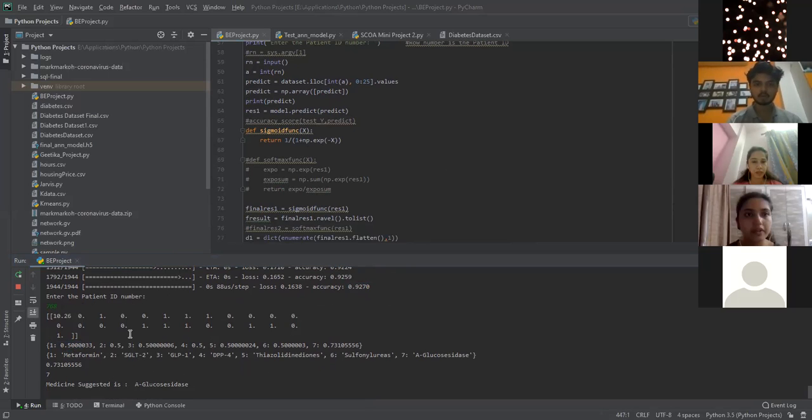The medicine with the highest probability is displayed using the graph, so the doctor can easily figure out which medicine to use.